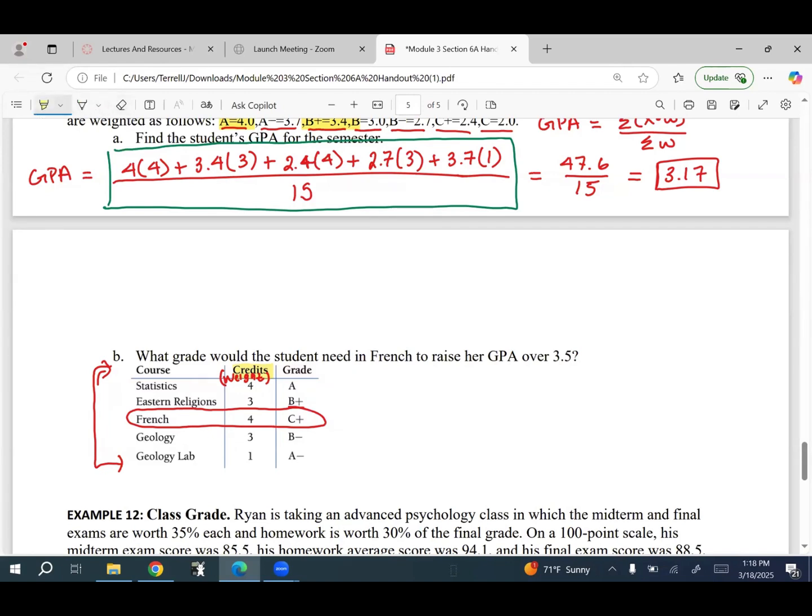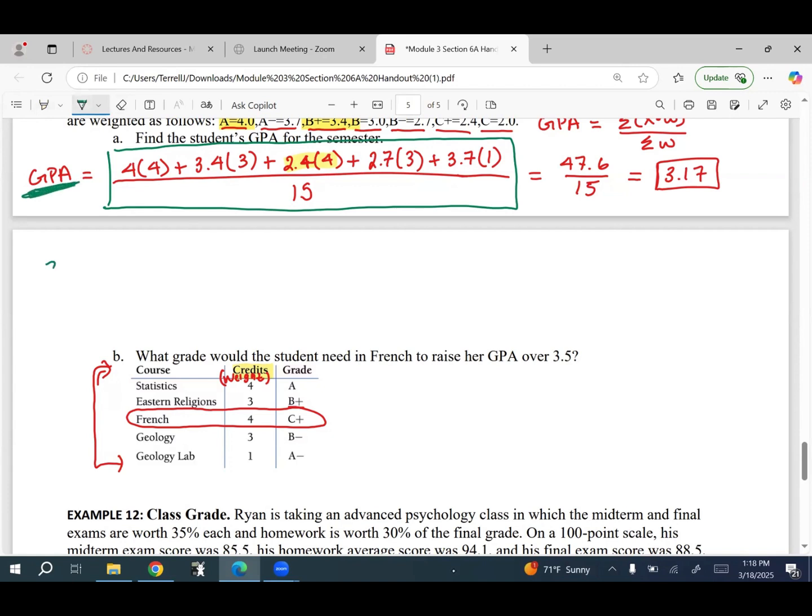So this is the value I need to figure out. I'm going to replace the 2.4 with an X because I want to figure out the grade she needs for this 4-credit class. So essentially, everything else is going to stay the same except that 2.4. And now I know what my GPA needs to equal.